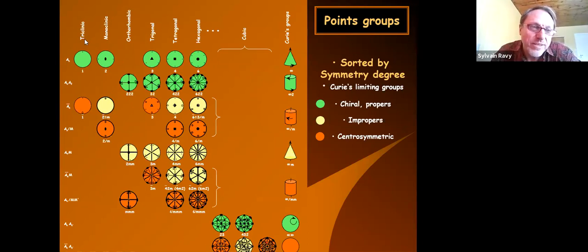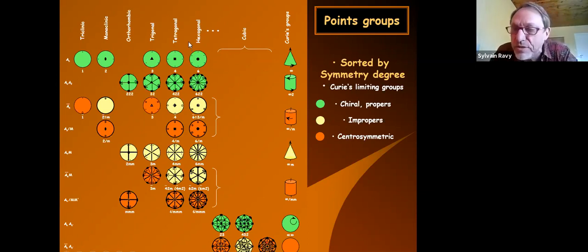So you have the triclinic for just one symmetry, monoclinic for two-fold symmetry, orthorhombic when you have different two-fold symmetries crossing, trigonal when you have three-fold symmetry, tetragonal when you have four-fold symmetry, hexagonal when you have six-fold symmetry.